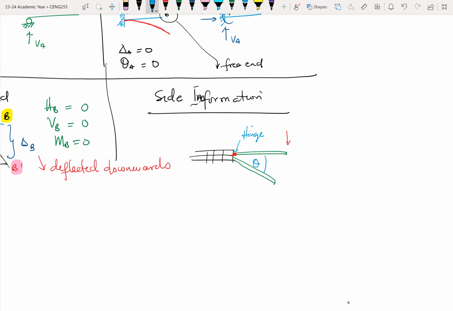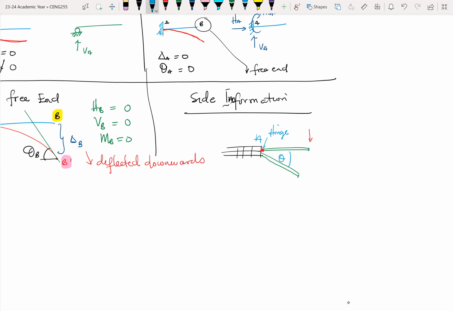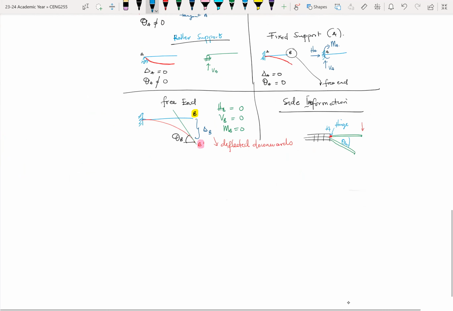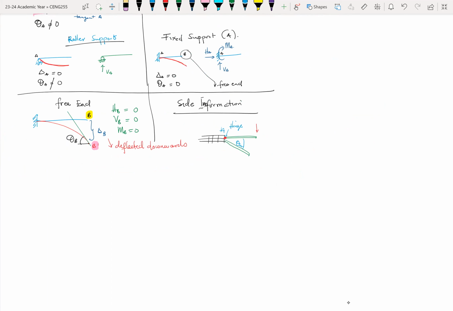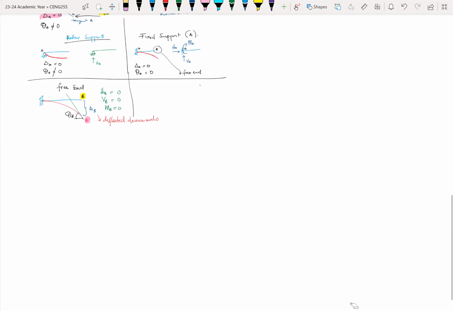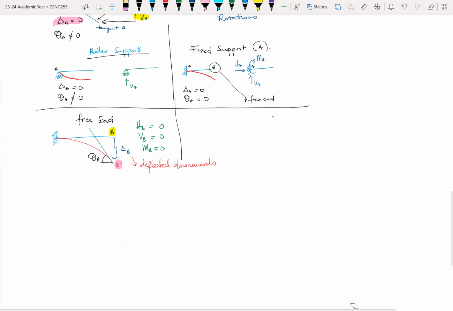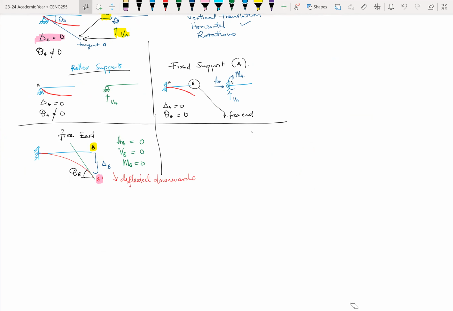Okay. So this could be my point A in this case, and the rotation here becomes theta A. I'll bring up the side information later so that I don't add too much information at this point. All right. So these are what we need to take into account.